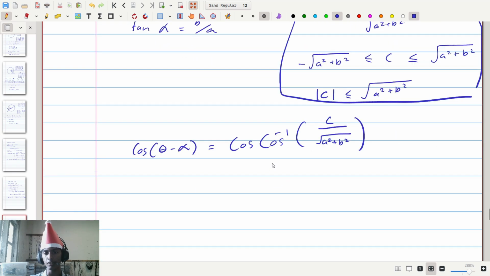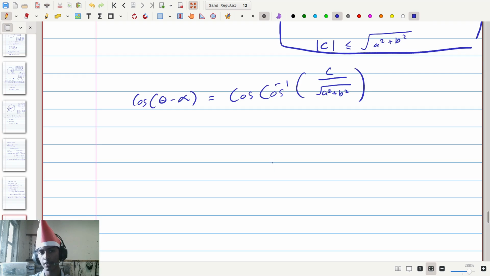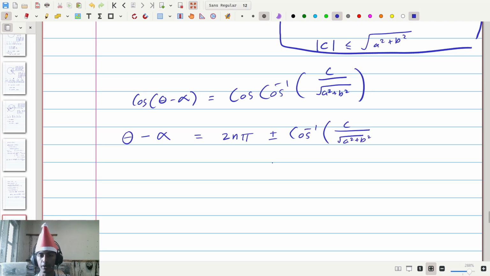Now that we have this, what we're going to do next is observe that on the left we have cosine of one angle, on the right we have cosine of another angle, which means we have cosine A equal cosine B, and we're going to recall our pattern. Given this, the left side angle, which in this case is theta minus alpha, is equal to 2n pi, where n is some integer, plus or minus the angle inside the second cosine, which is the cosine inverse of C divided by the square root of A squared plus B squared.